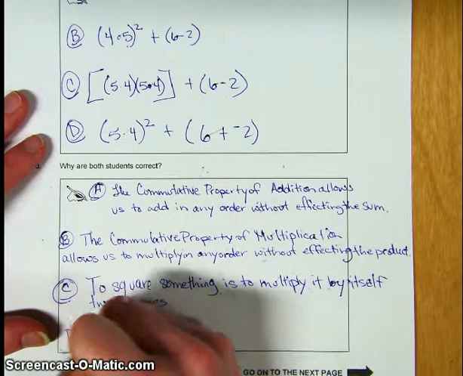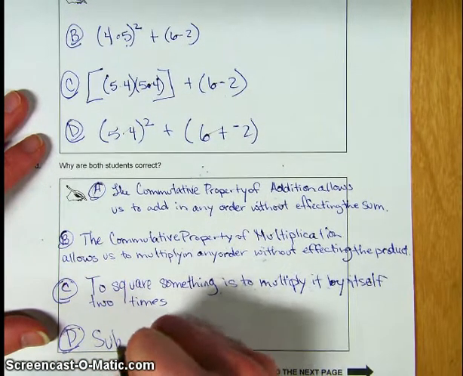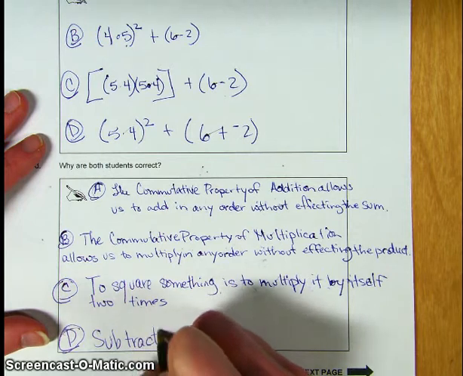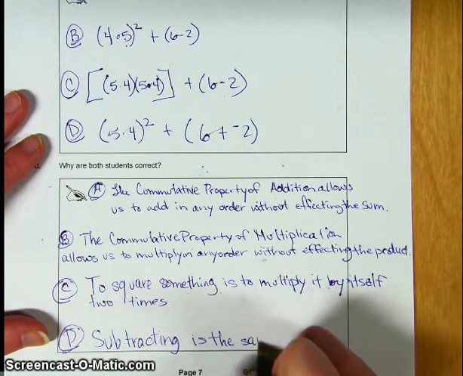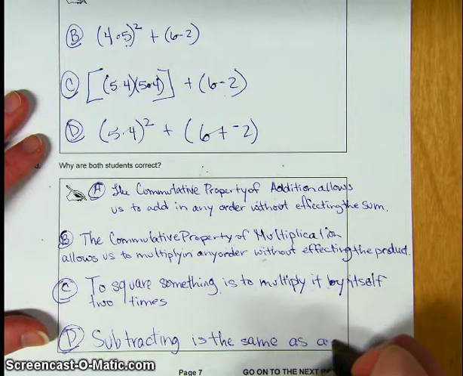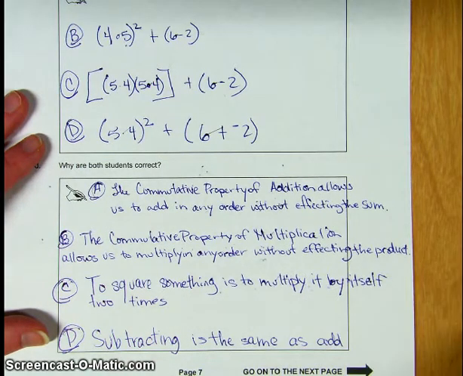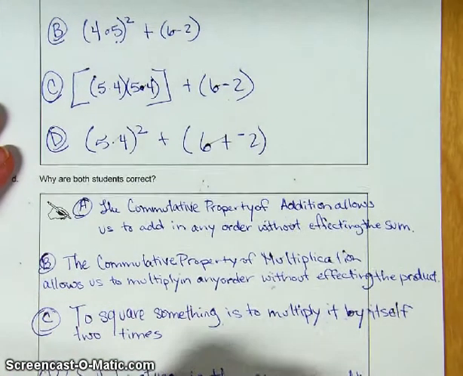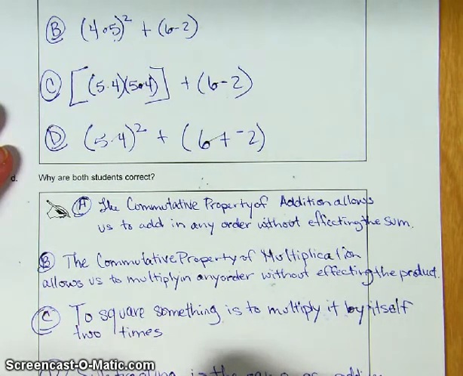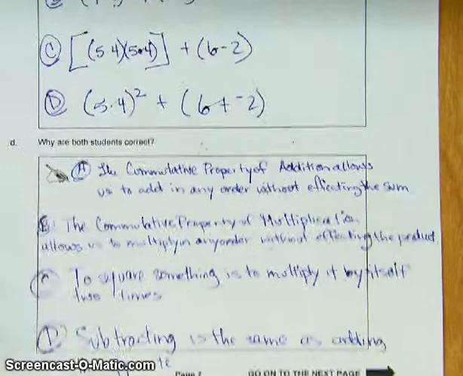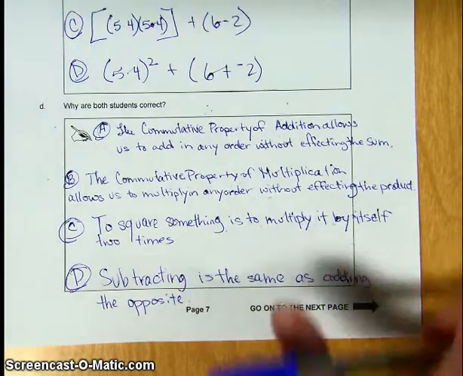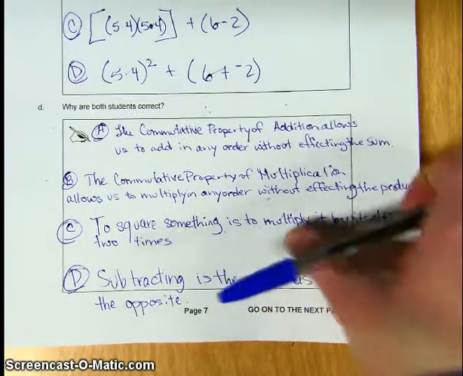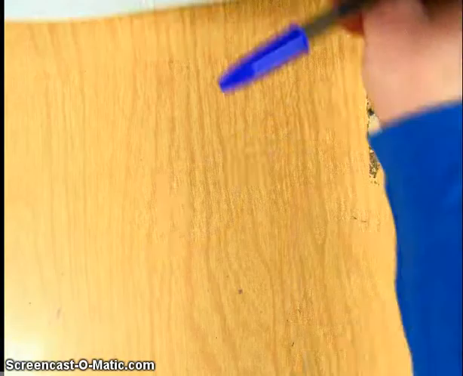And our justification, subtracting is the same as adding the opposite. And there could be some other options there, but those are the 4 that we came up with. And if you came up with something different, I'd love to hear about that.